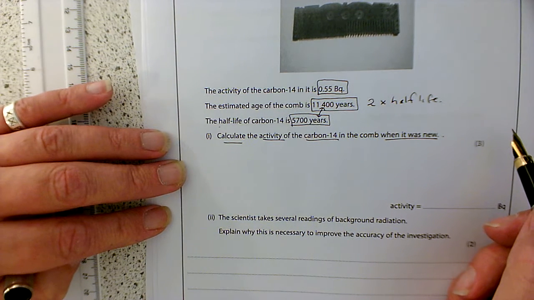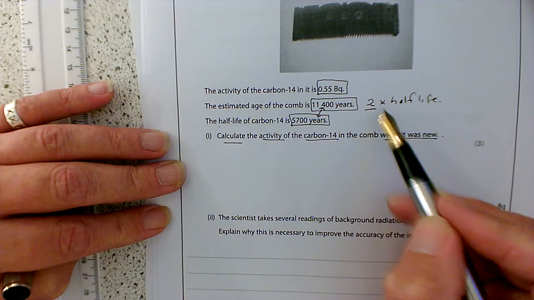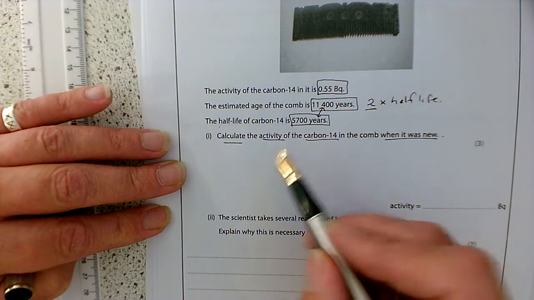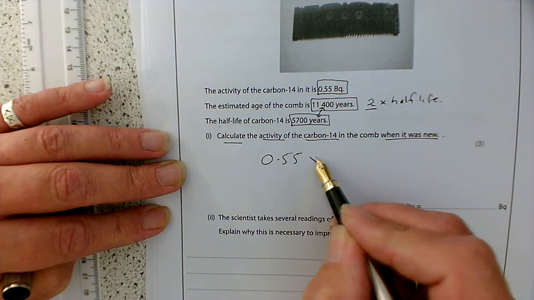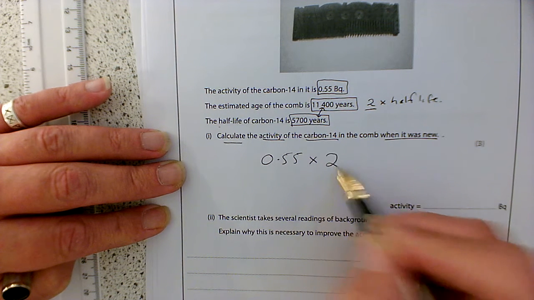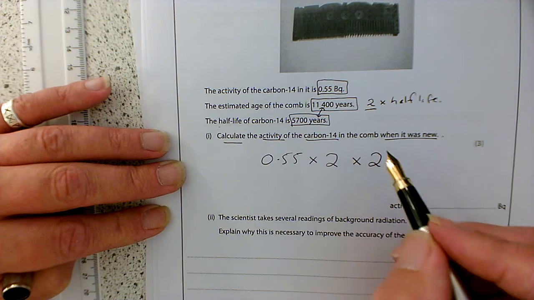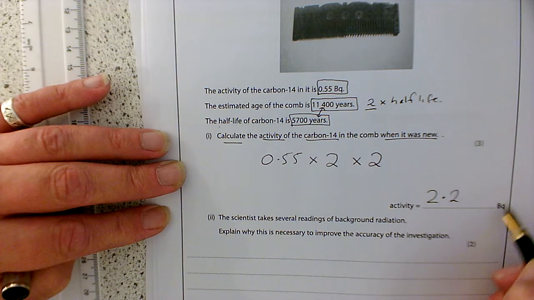Working backwards. When it was new, it was very radioactive, and then after 1 half-life, it halved, and after 2 half-lives, it halved again, so we have to do the exact opposite. At the moment we've got 0.55. We must times that by 2, and then times it by 2 again, and that will give us 2.2 becquerels.